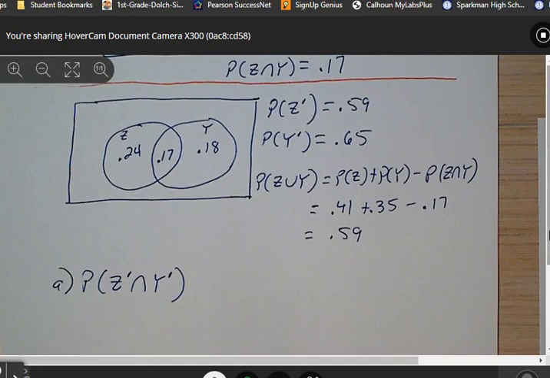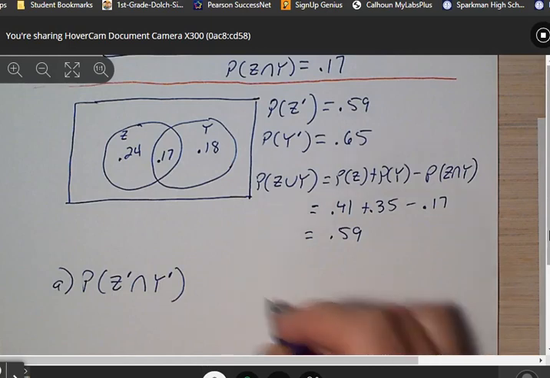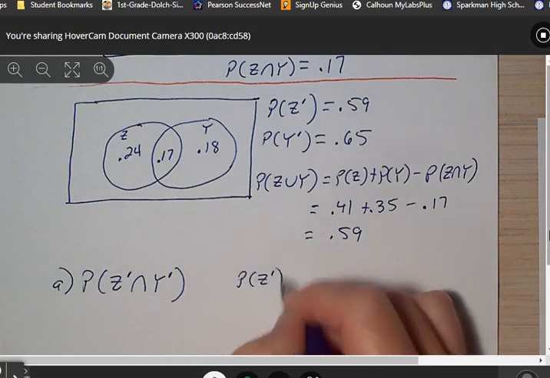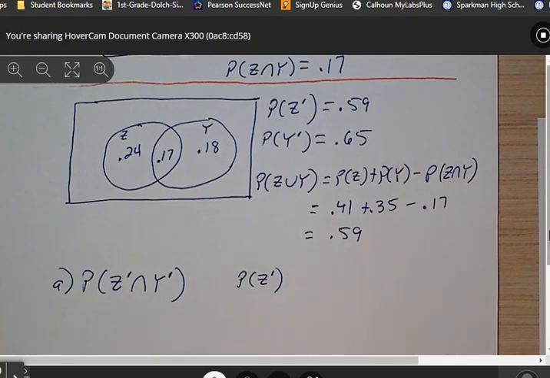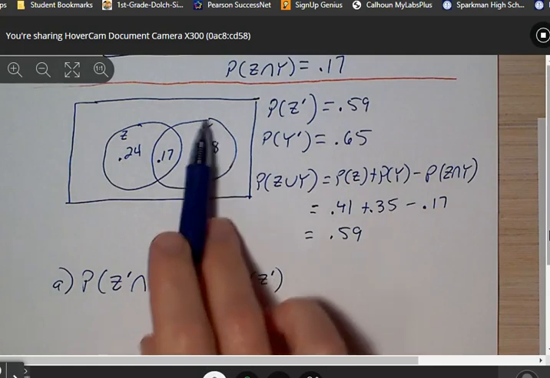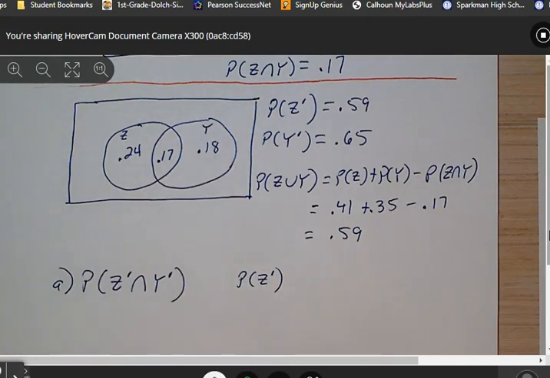Now, there's all kinds of different ways you can look at these. When I was looking through some of this, they showed one way of doing it, and I looked at things a little bit differently. If you're talking about the intersection of Z prime and Y prime, Z prime would be everything outside of Z. If you go back to this one, here's one other thing we didn't add in, I forgot this one.